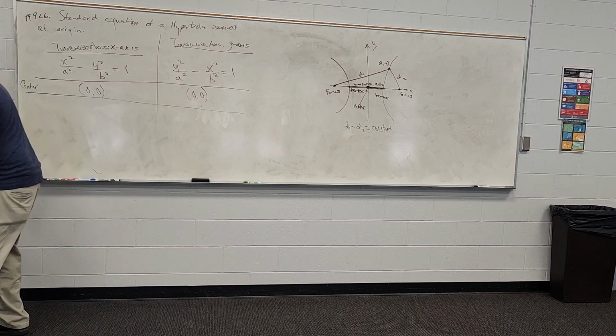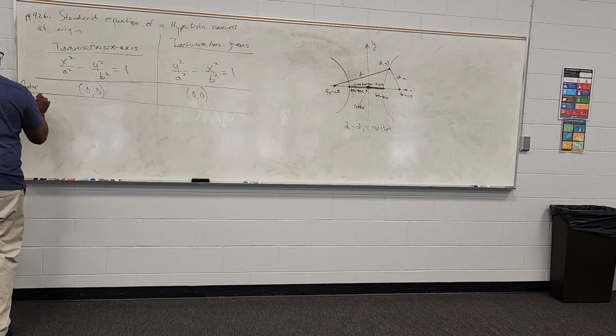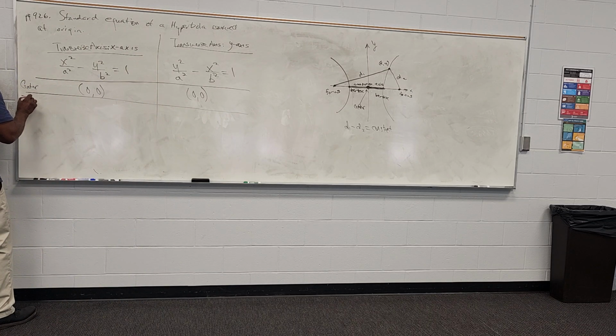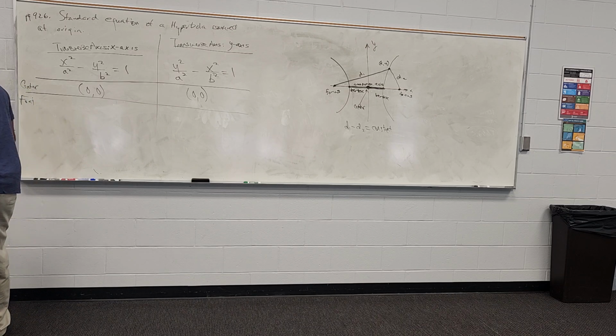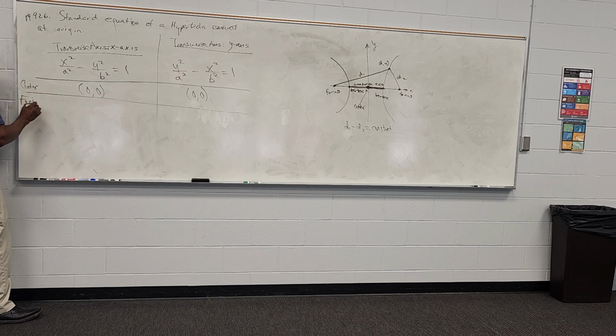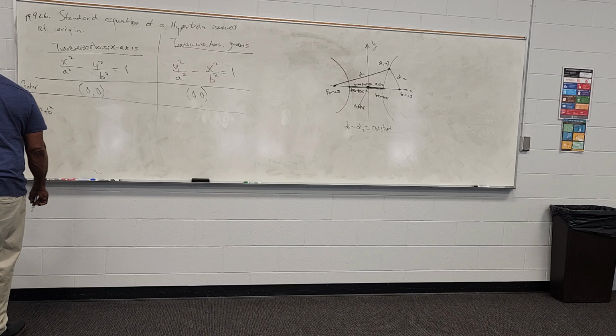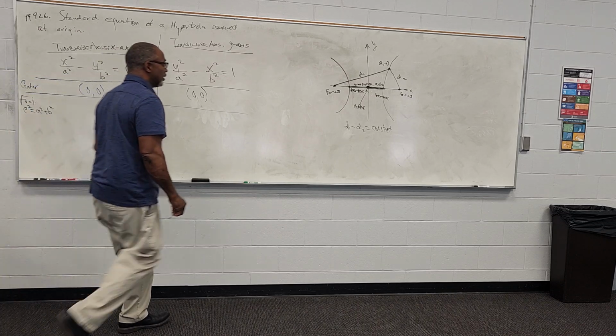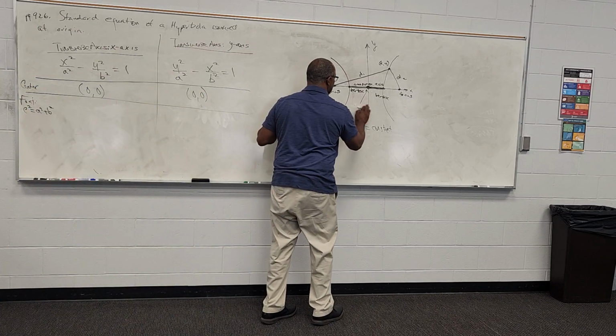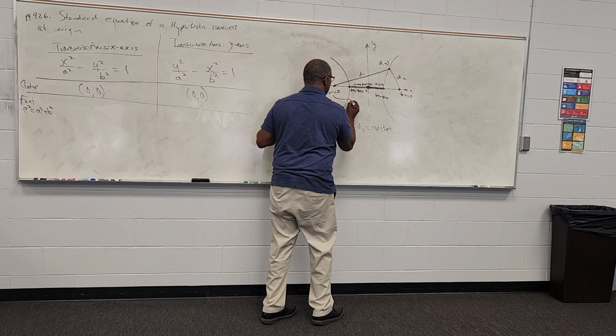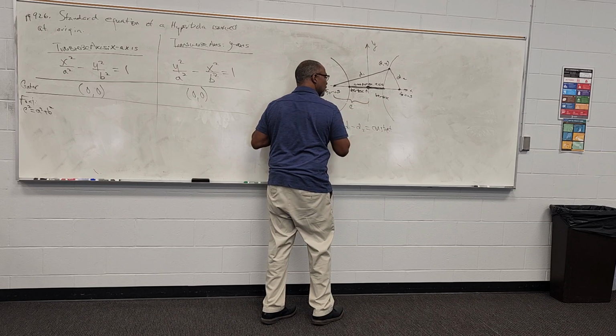All right. The foci are going to come from the equation c squared equals a squared plus b squared. And that distance c is going to be the distance from the focus to the center.